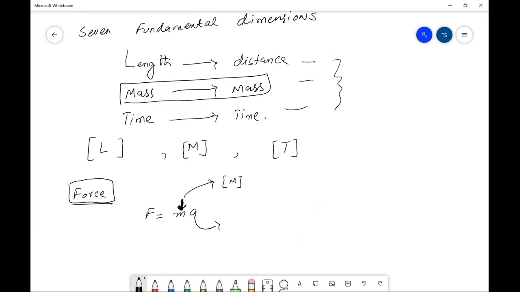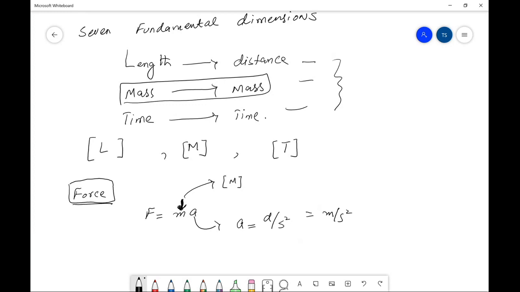So what we will do, then we will find out the formula or equation for an acceleration, and we know that acceleration is what? Distance covered per unit time squared, or you can say velocity per second. So distance per second squared, or you can say meters per second squared.